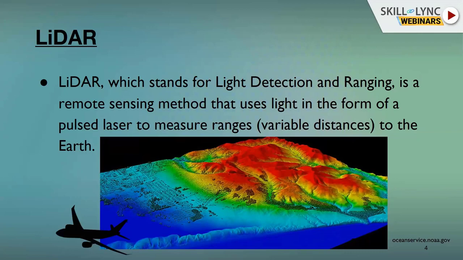But that data is not sufficient for them to go for further analysis, like flood mapping, change detection, or urban planning. So then they explored photogrammetry and LiDAR technologies, which can give directly the 3D point cloud data information through the LiDAR sensors.